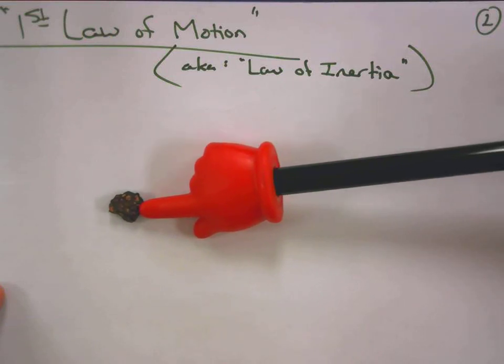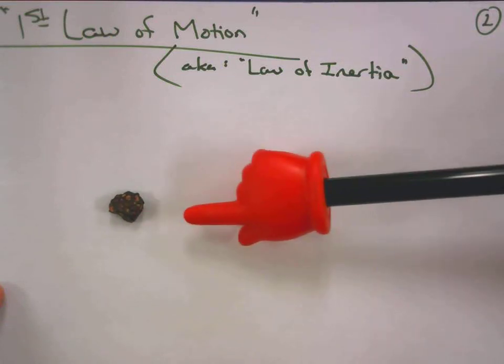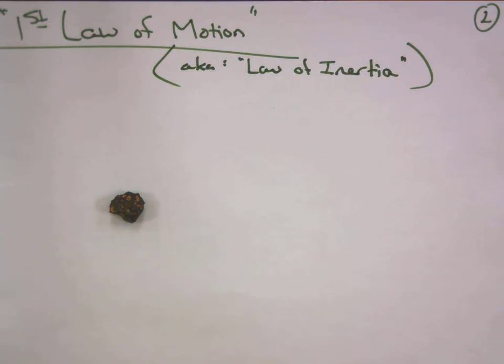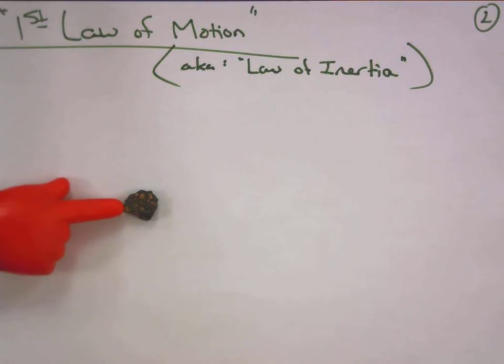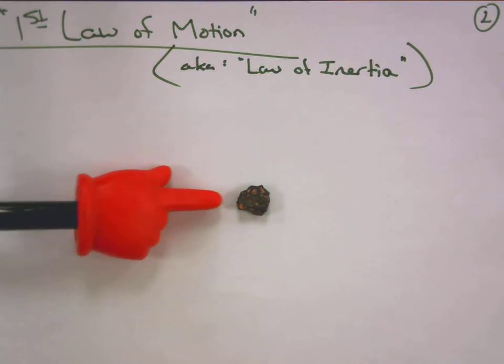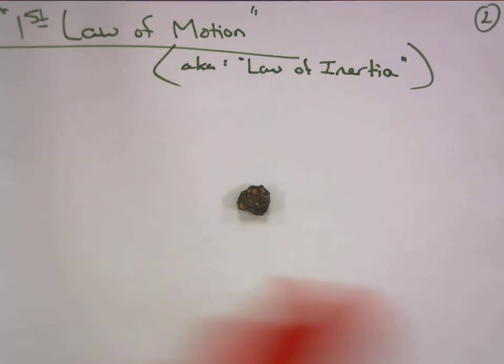When I stop applying a force, it stops doing something. And this is something that people could observe all the time, forever. And the thing is, they misunderstood this, because they would say, hey, look, that's not going to go anywhere until I push on it. And when I stop pushing on it, it stops moving. And so people used to think for many, many centuries that motion required a force.